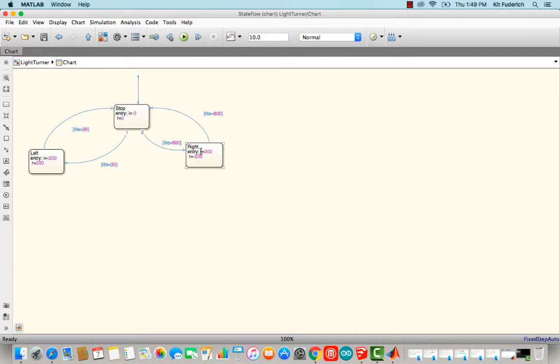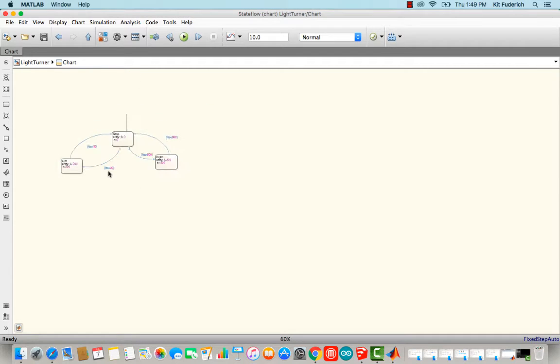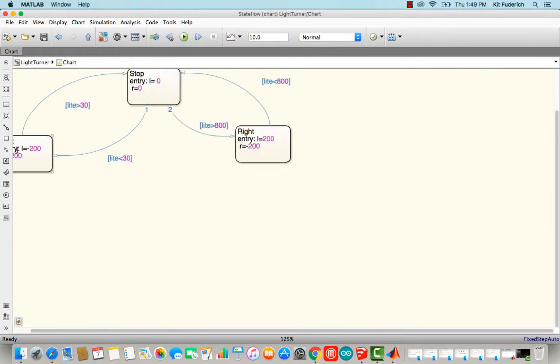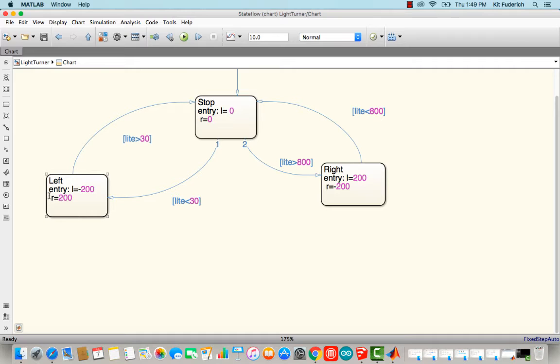One of them is it would go left so long as the lit value is less than 30. You can see it right there. In this case, we would move into the left state where L goes at a negative 200 direction, R goes at a positive, causing the robot to turn.